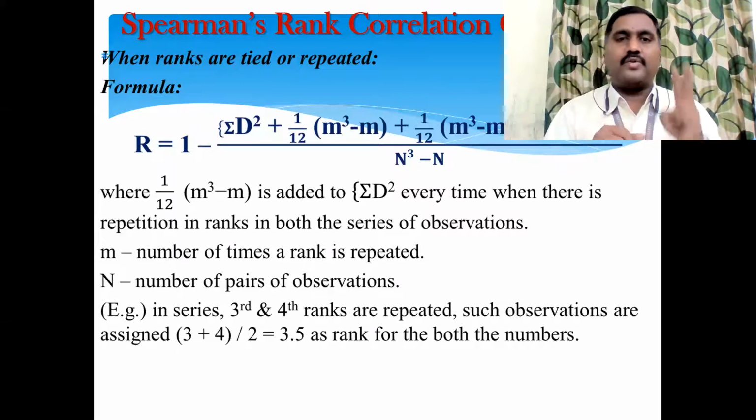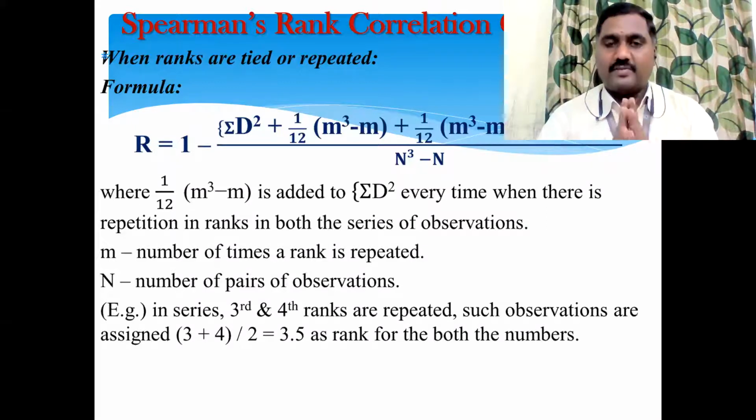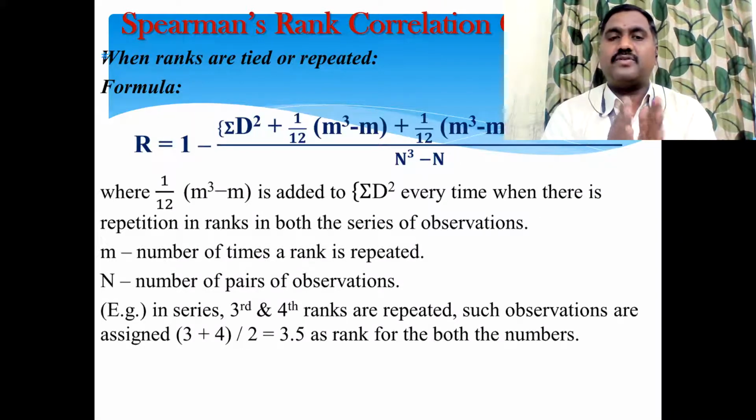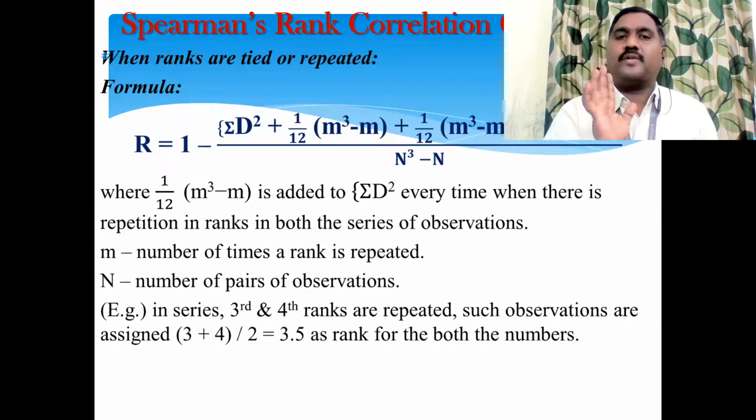Sir, for example, you have two variables, x and y. In x, there is no repeated value. But in y, there is one repeated value. So your formula should be 1 minus 6 into summation d square plus 1 by 12 into m power 3 minus m divided by n power 3 minus n. That's all. Because only one number is repeated, you are putting only 1 time that 1 by 12.